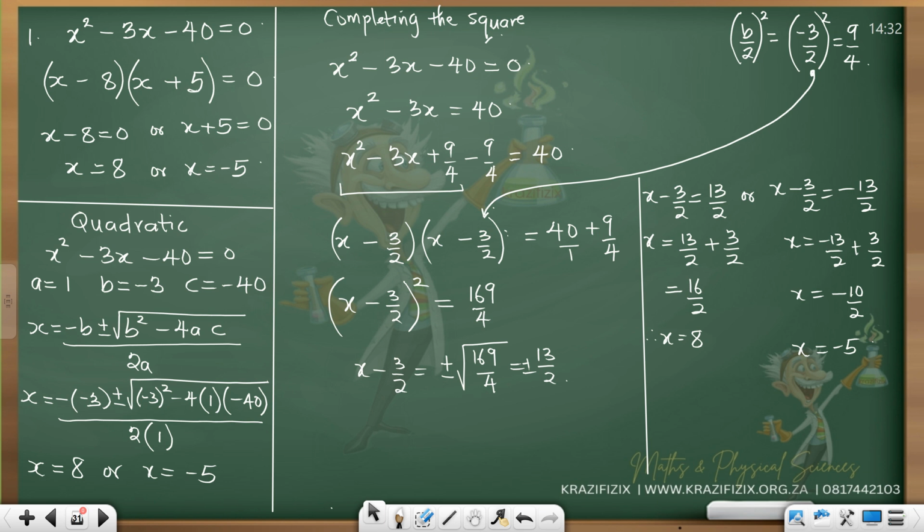A picture quickly of the solutions. I'm waiting for the message to come through on the group. Take a picture for us. Thank you. Beautiful. Thank you, Dlakadla.